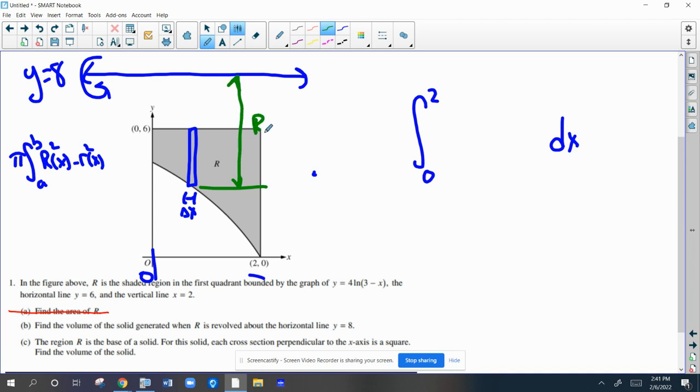And measurement never changes. If you're measuring vertically like we are, you take the top end of the arrow point minus the bottom of the arrow point. So these are all with y values, right? So the top arrow is always on 8.